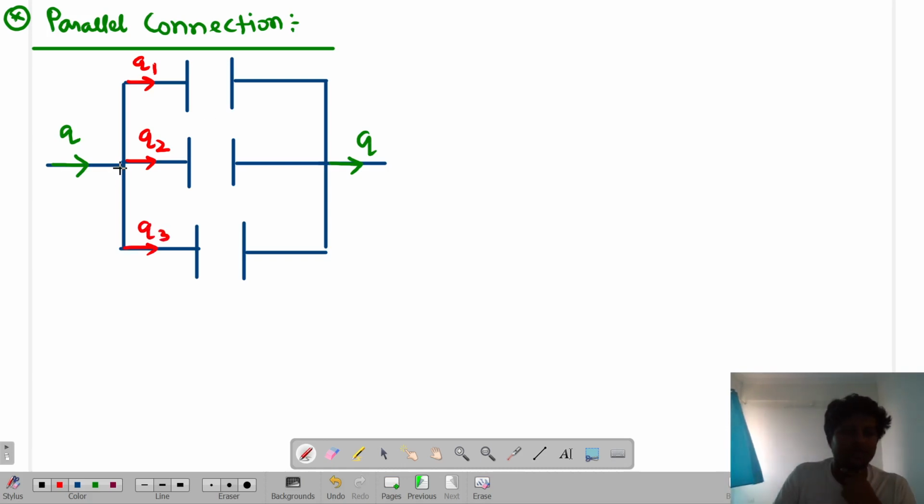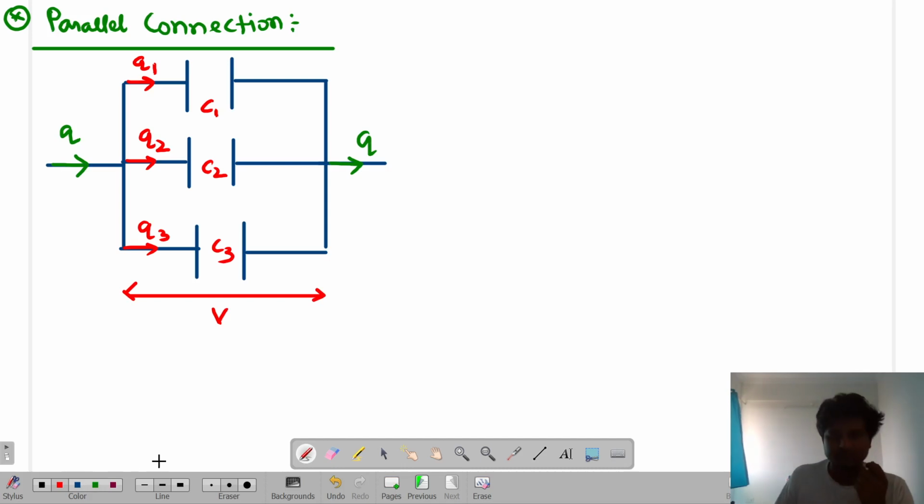But here, as you know that in parallel combination, the potential remains same. So in all of these, the V remains same, which is equal to V. And this is, let's suppose, C1, C2, and C3. Is this clear?